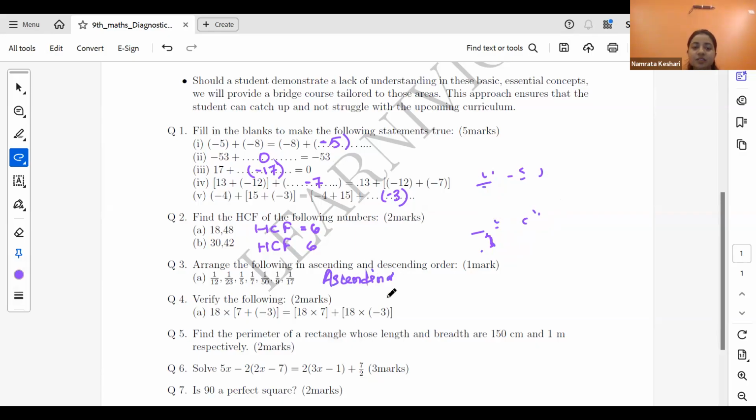Okay, you got it. Then 1/5. Yeah, that's it. And descending is reverse, right? Yeah. Please check the next one.